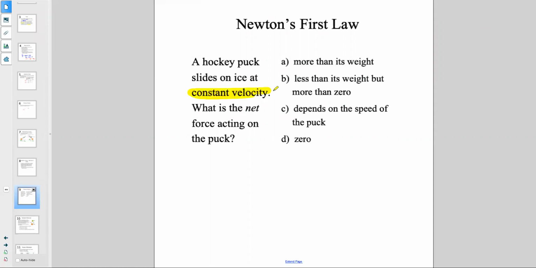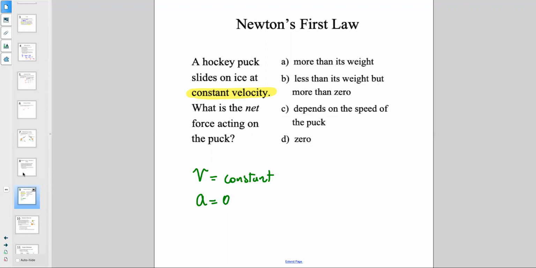It's going with a constant velocity. Okay, so that means the velocity is not changing with time. All right, so that means that velocity is a constant value, okay? And that means there is no acceleration then. So acceleration is 0. All right, what is the net force acting on the puck? There is no net force acting on the puck.